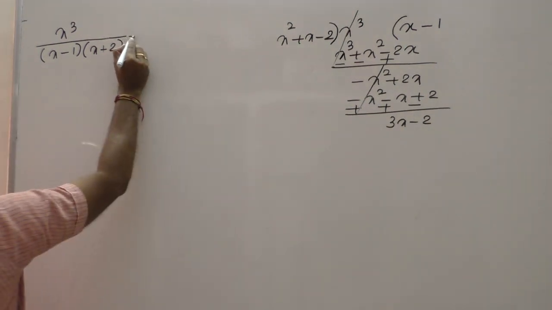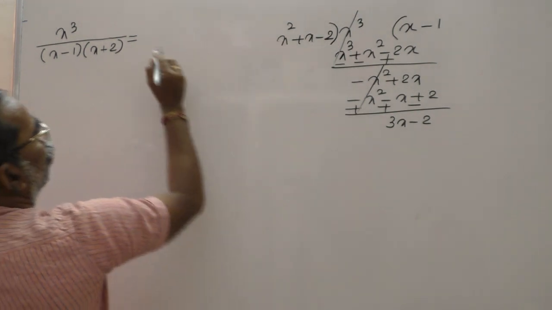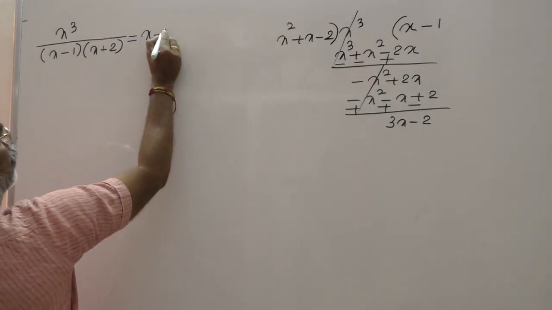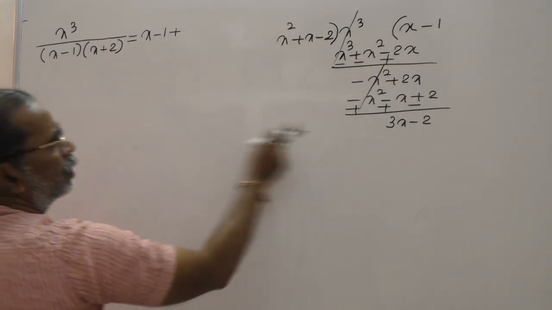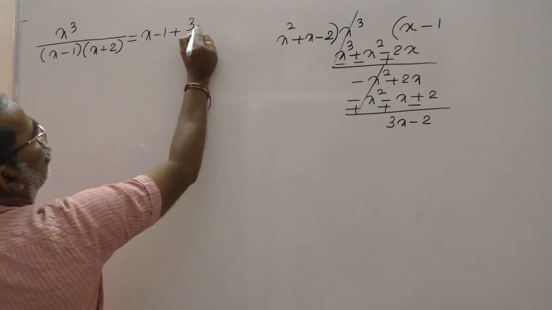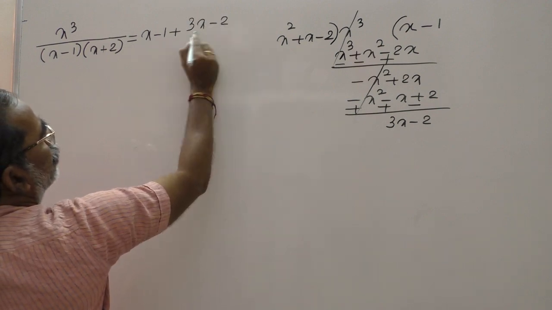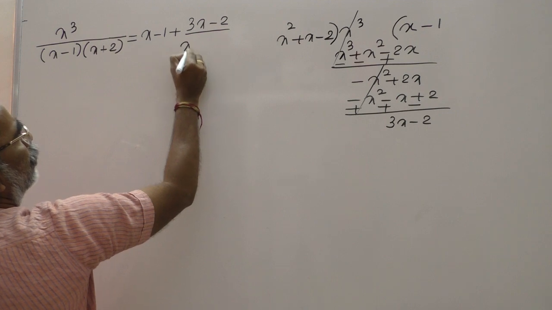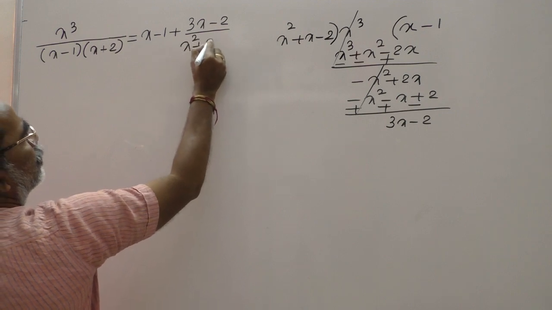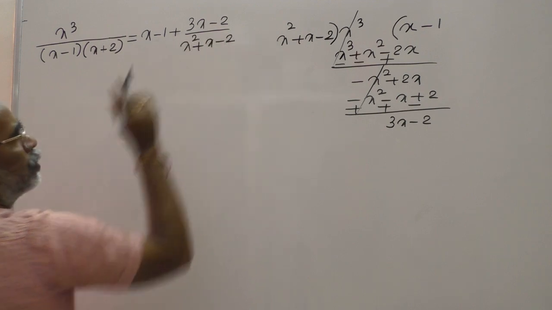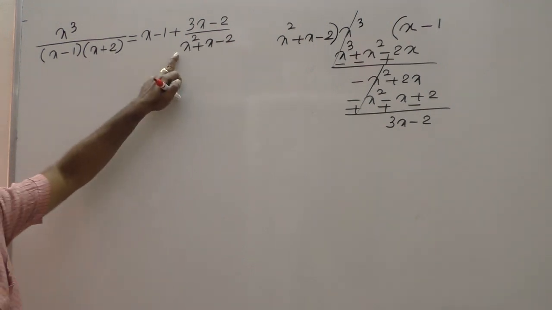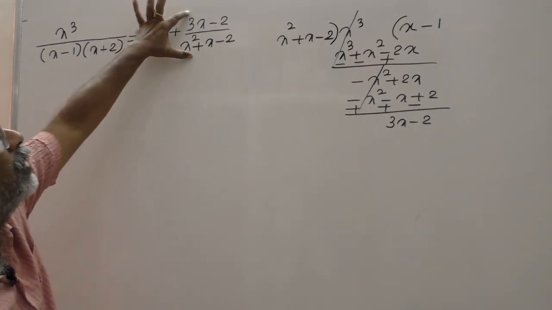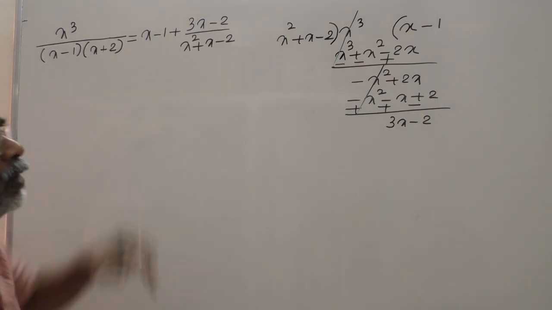Therefore, this fraction can now be written as quotient plus remainder by divisor. The quotient is x minus 1, plus the remainder 3x minus 2 divided by the divisor x square plus x minus 2. Now again it is a proper fraction, and it can be split.